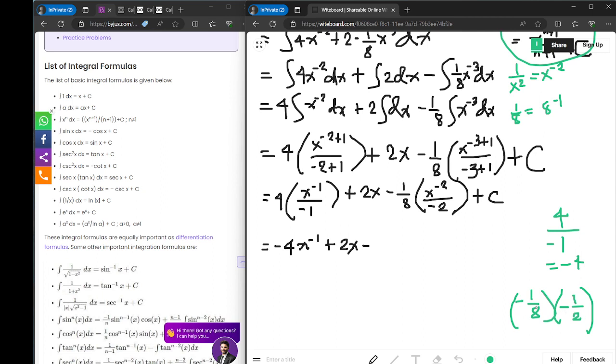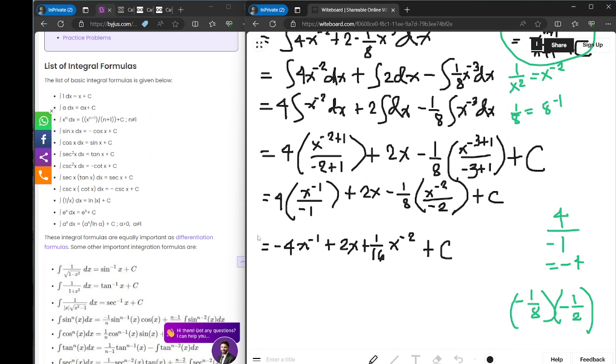Negative times negative is positive, and 1 over 8 times 1 half is 1 over 16. So this will become plus 1 over 16 x raised to negative 2 plus c.